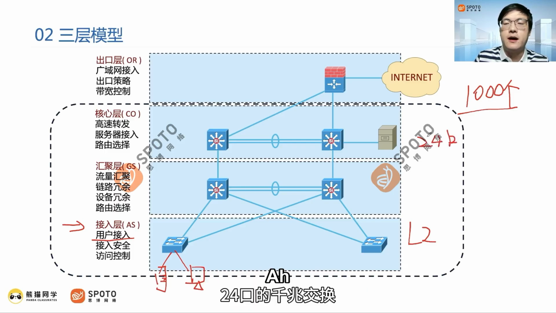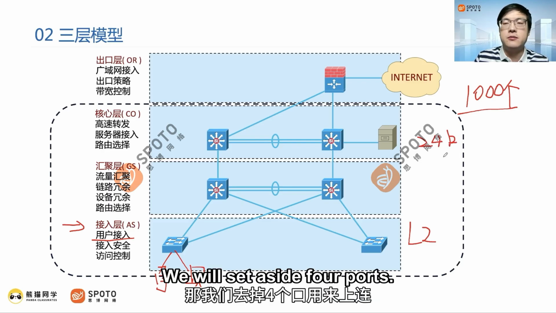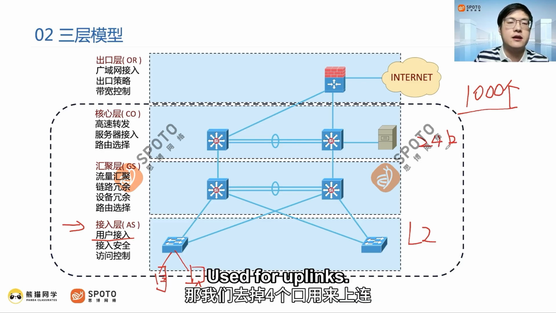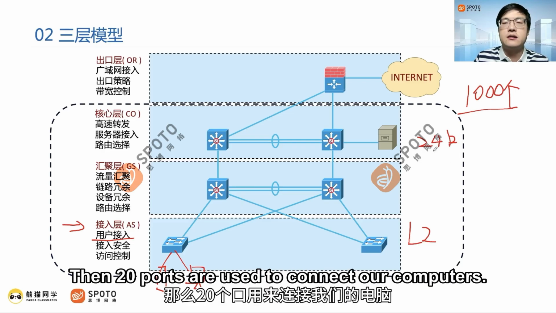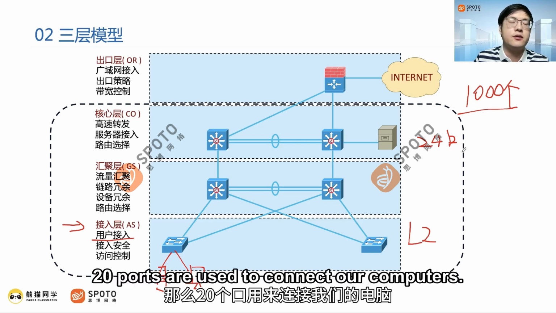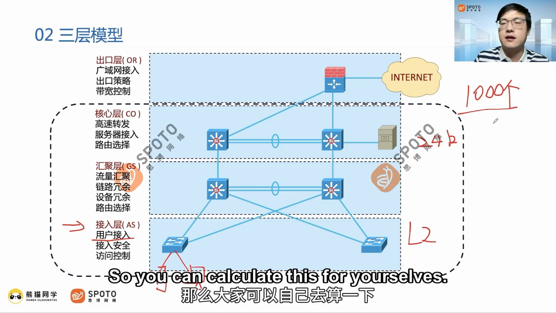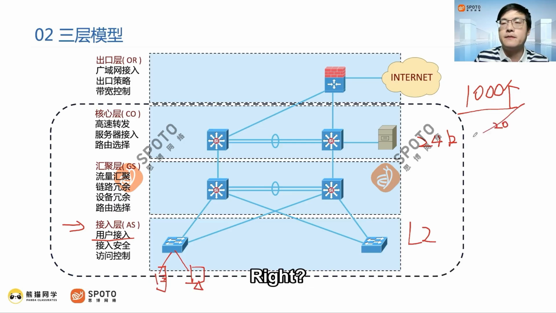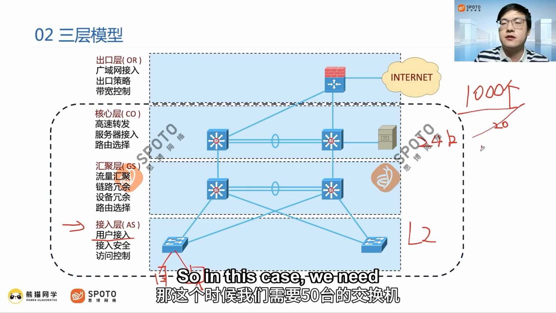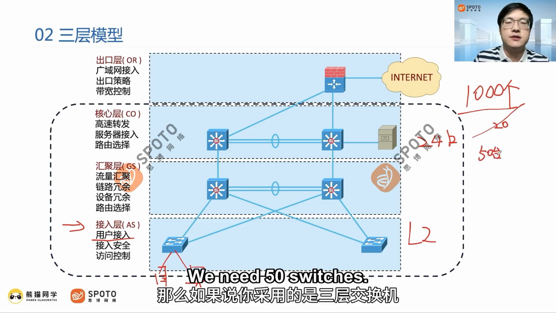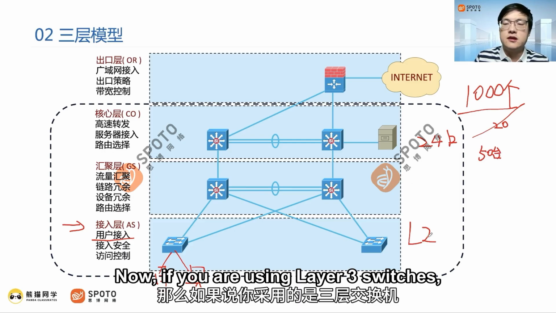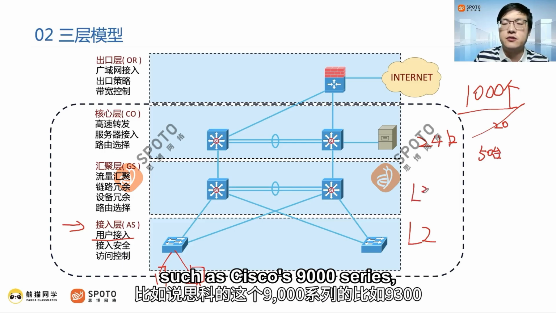We will set aside 4 ports for uplinks, right? Then 20 ports are used to connect our computers. So you can calculate this for yourselves, right? So in this case, we need 50 switches.